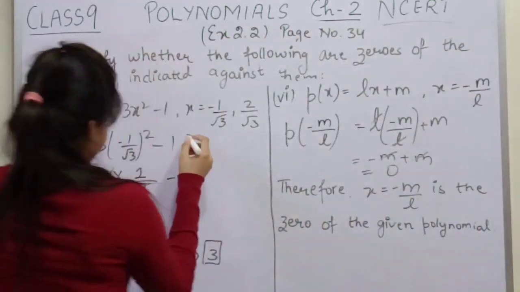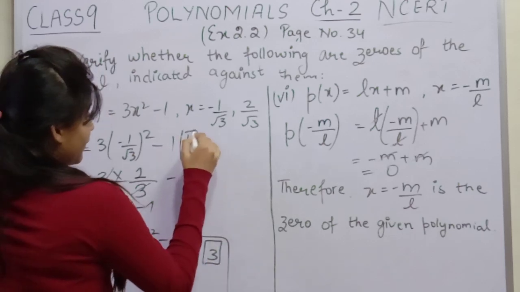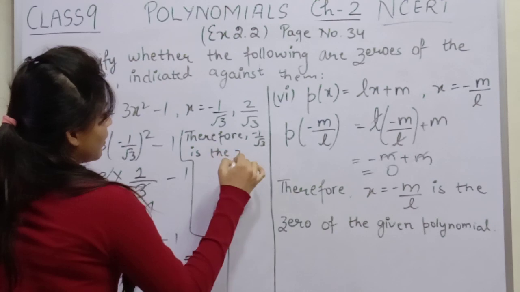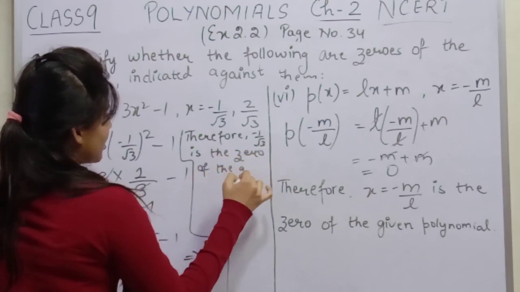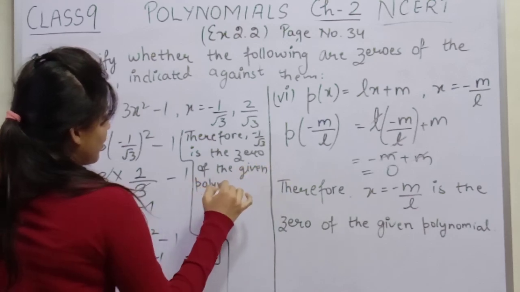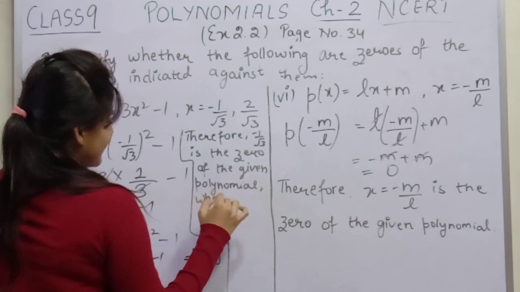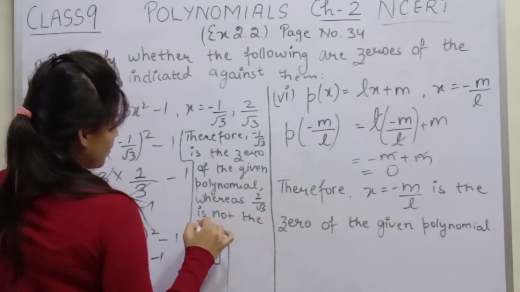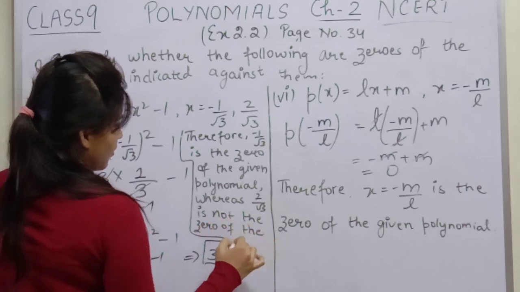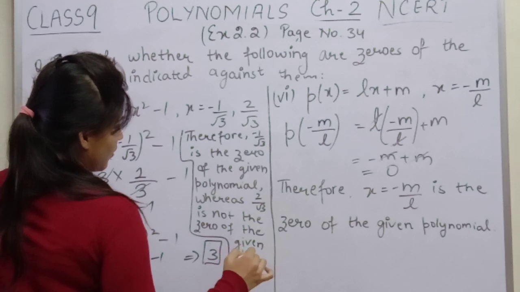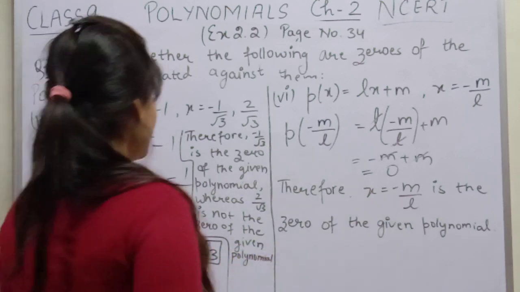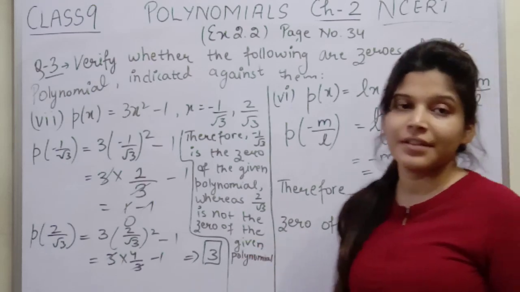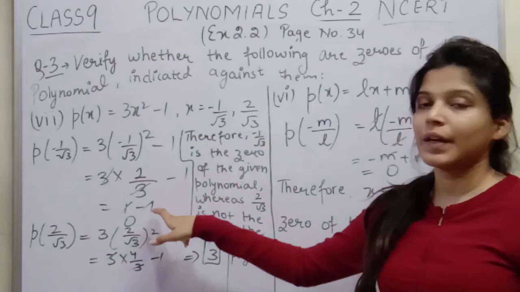देखो अब हम यहाँ पे क्या लिखेंगे? Therefore minus 1 upon root 3 is the zero of the given polynomial, whereas 2 upon root 3 is not the zero of the given polynomial, because इसको put करके 0 नहीं आ रहा और इसको put करके 0 आ रहा है, right?